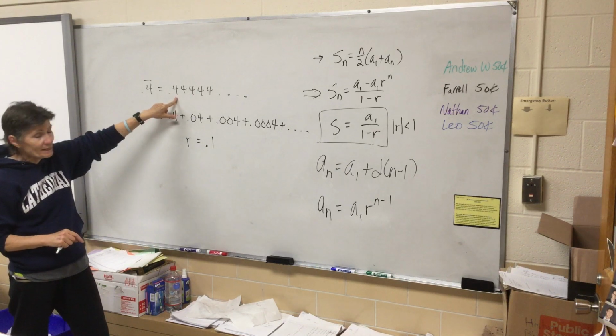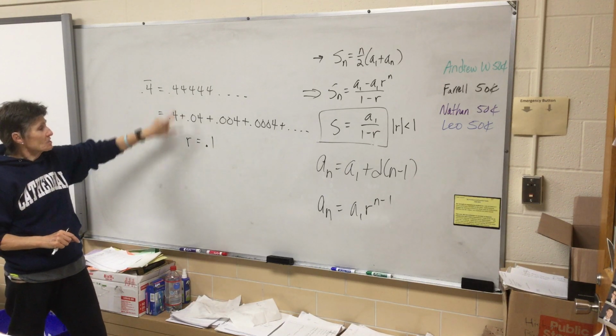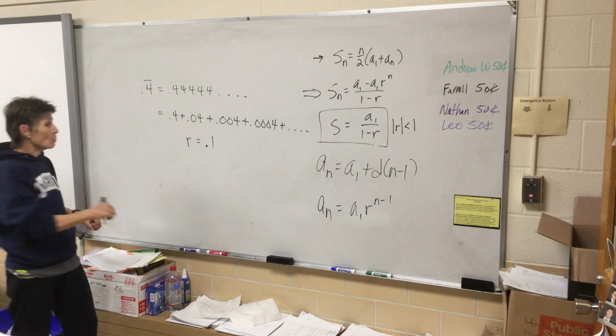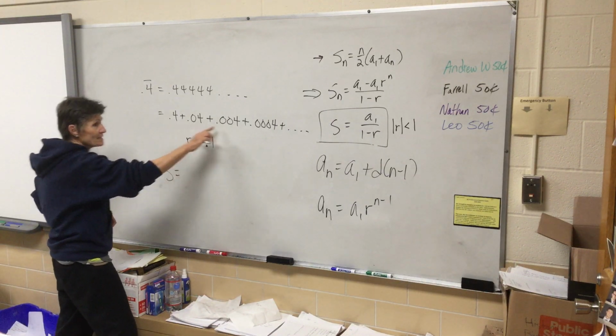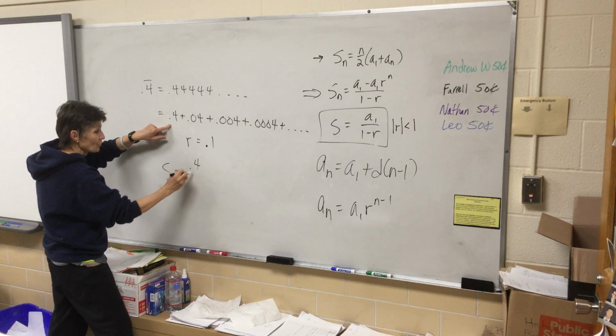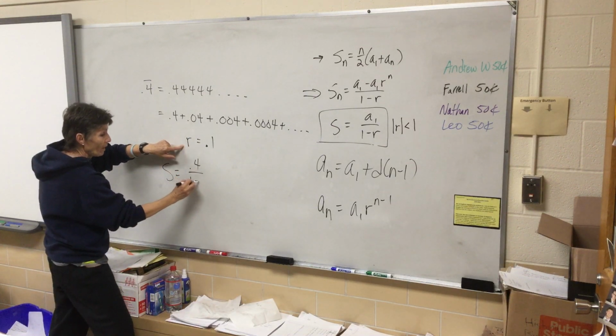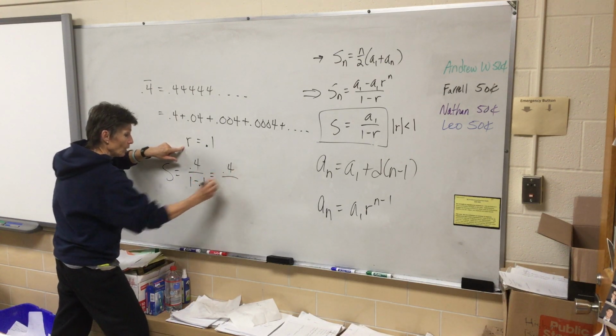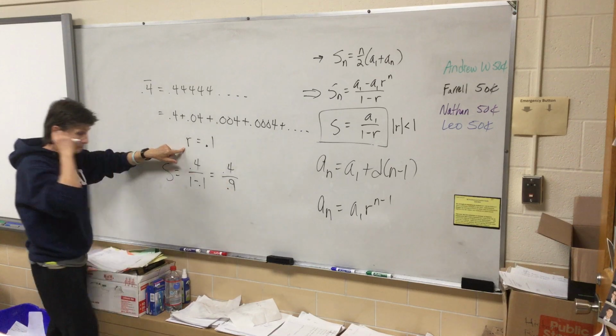I have one repeating number, 4. So this ratio will always be 0.1 in that case. So the sum, if I want to add all these up, will be the first term over 1 minus the ratio, which is 0.4 over 0.9.